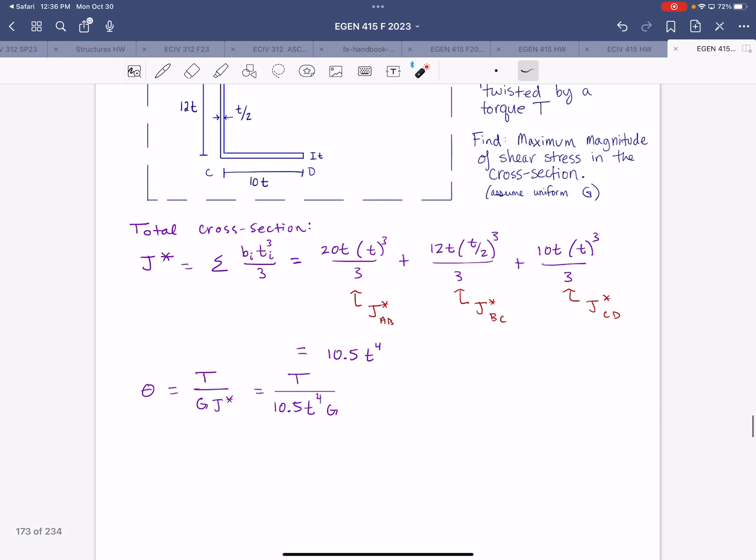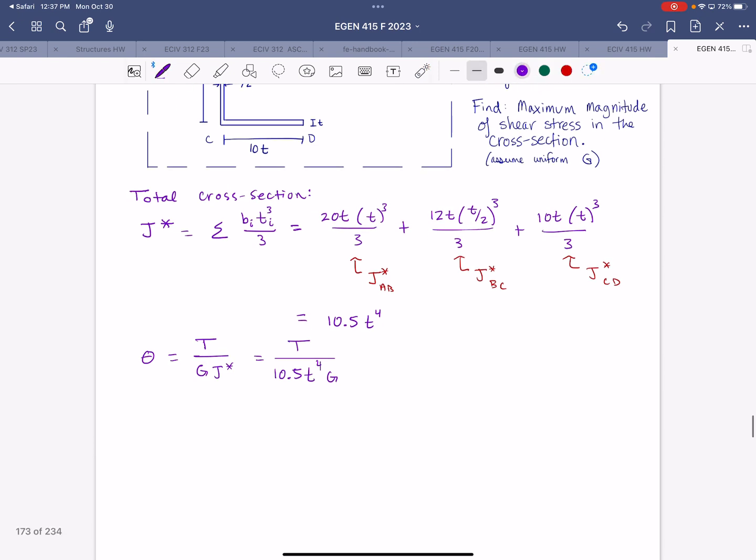So that rate of twist theta is not going to change at all for the entire solution. So all segments rotate through the same theta.